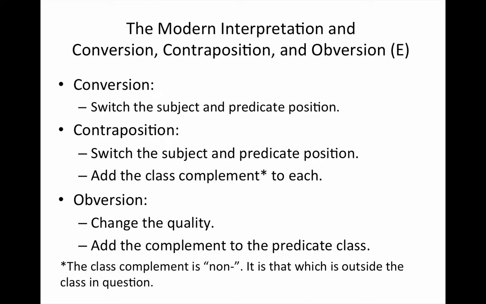I do want to point out that it might be worth thinking about conversion and contraposition as mirroring each other. Conversion is going to be valid for two claim types, E and I, and contraposition is going to be valid for two claim types, A and O. The reason I mention this is because most of us find that the contrapositive of a claim is very peculiar.